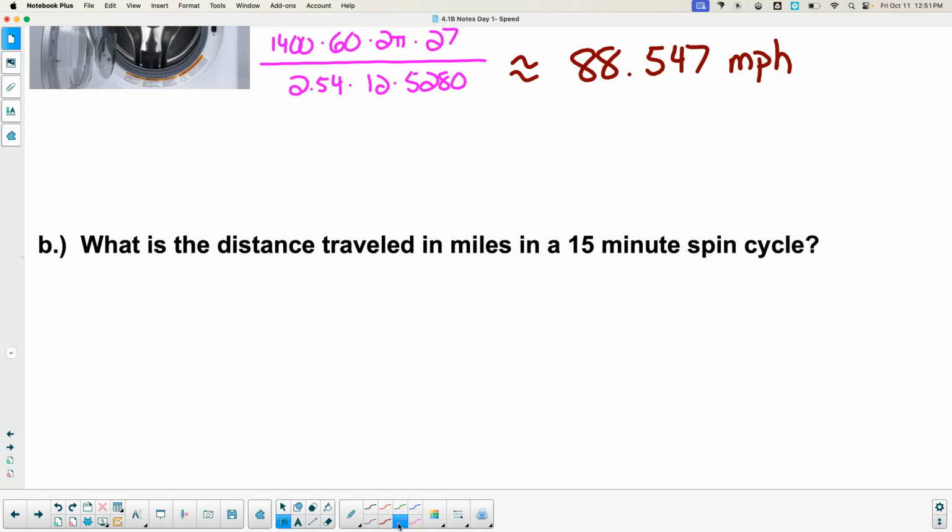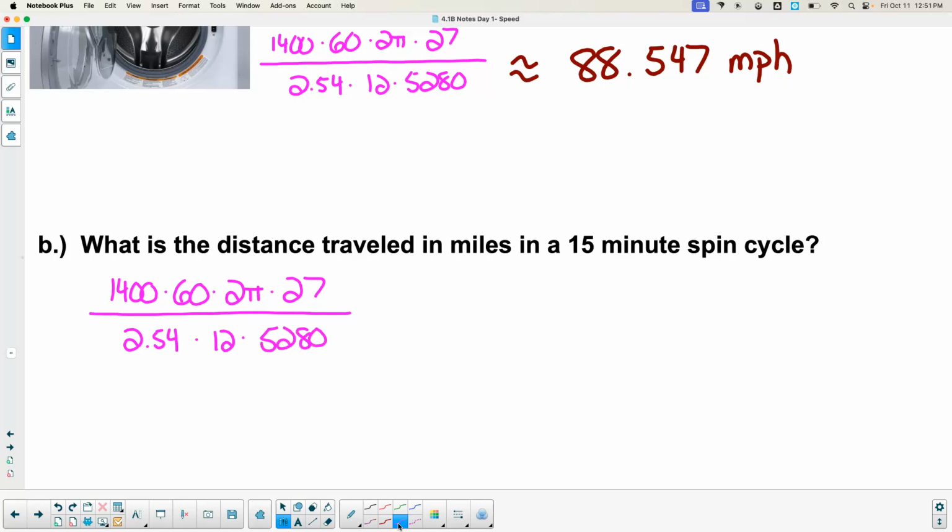Okay. So then my next one, I don't ever round, I always use exact, and then just round at the end. This is college. So we're starting back there, because that gets me my 88.547 something, and then I have to multiply that by, now this is in miles per hour.